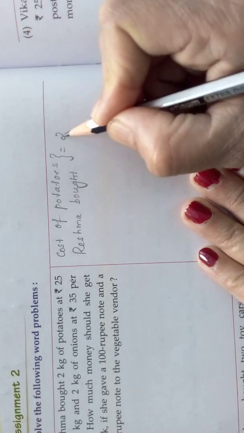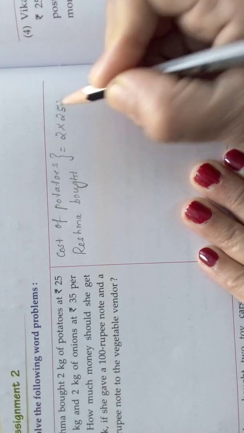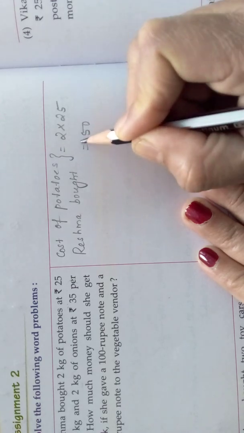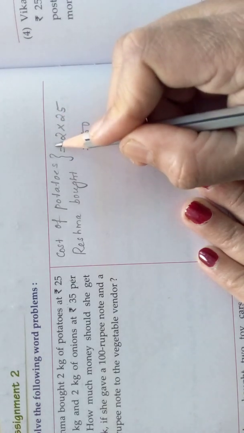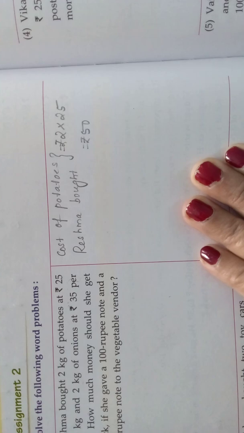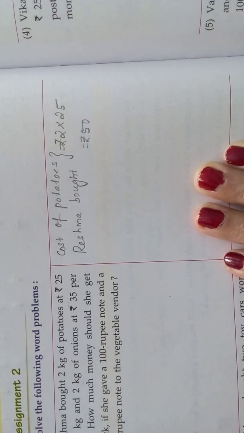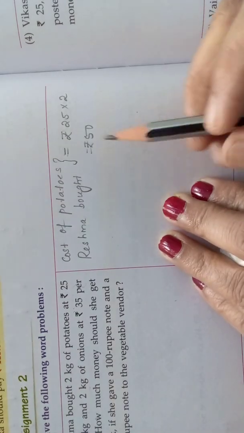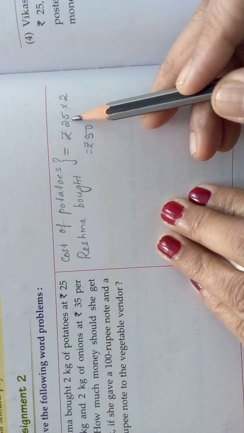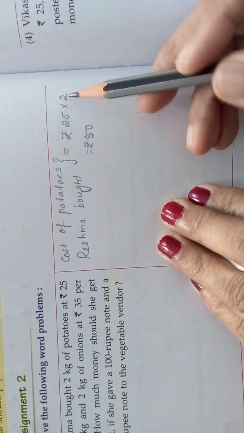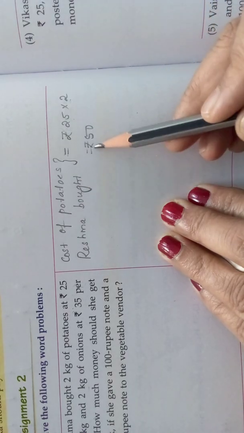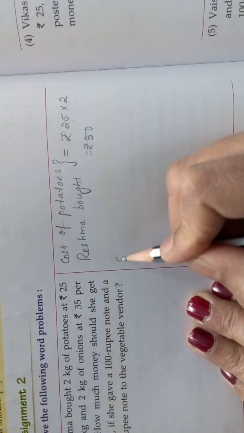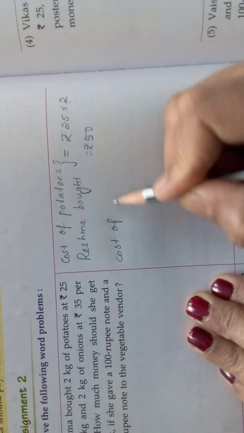So Reshma bought 2 kg. 2 into 25 rupees, that is 50 rupees. That is 25 rupees per kg, means 2 kg she bought, no? So what's the cost of potato? 50 rupees.